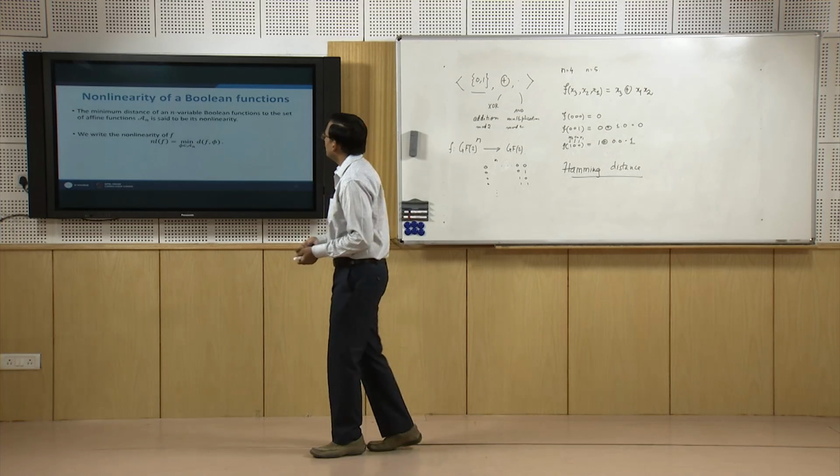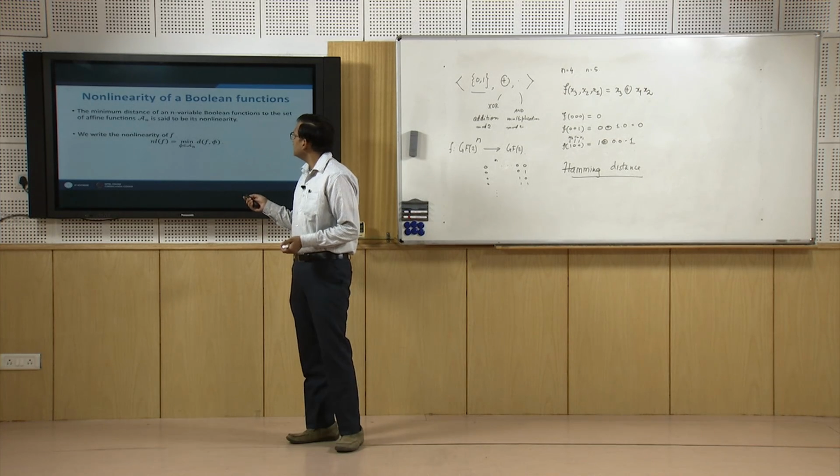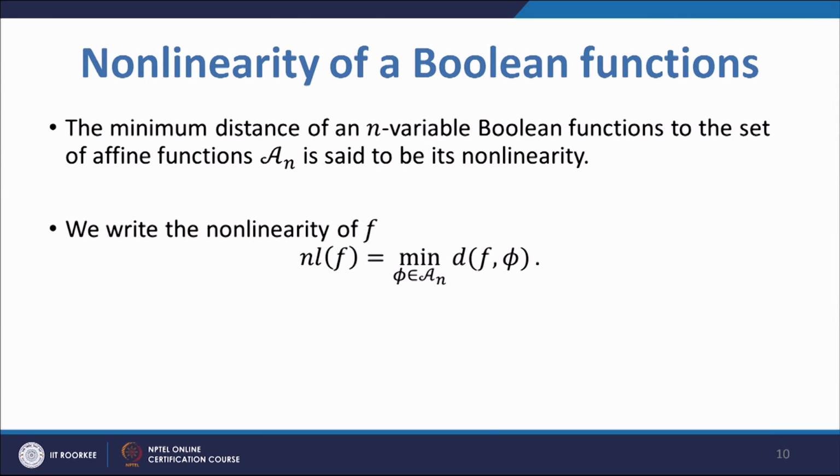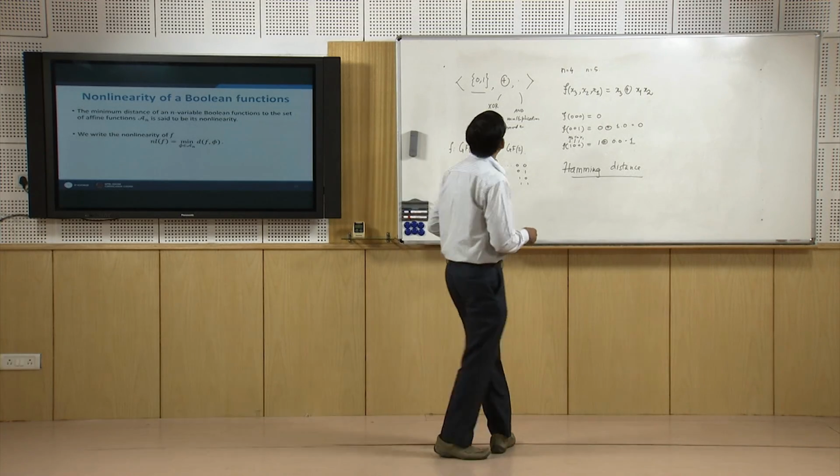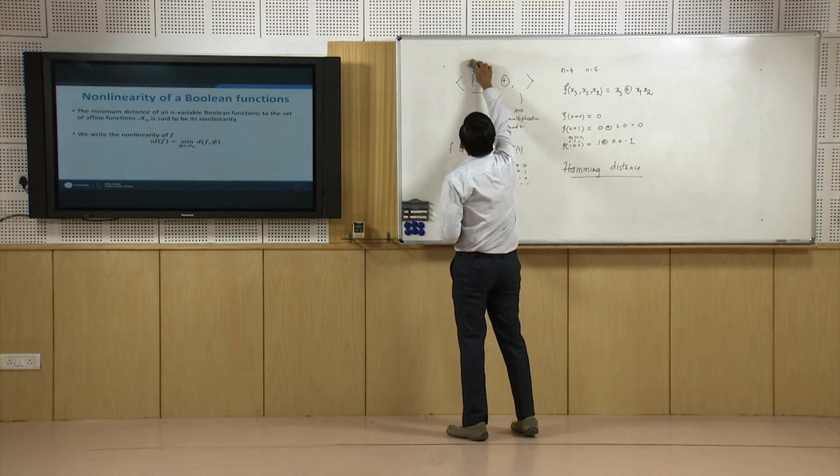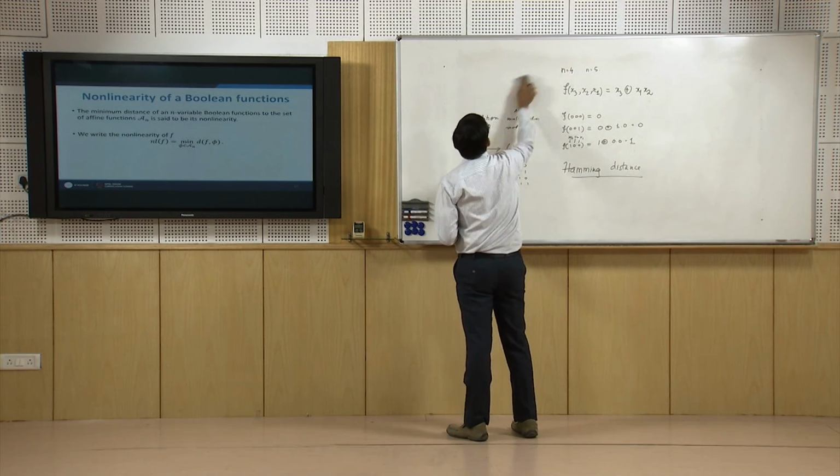So, I have to consider the set of all affine functions and vary phi over the set of all affine functions and keep f fixed, and nonlinearity of f is the minimum of all d(f, phi). This needs an example. So, let us do that for n equal to 2.